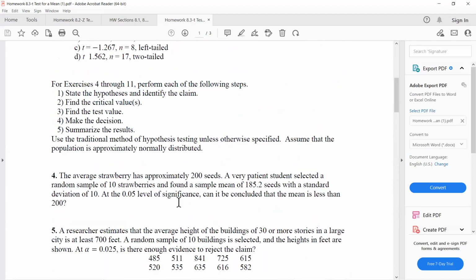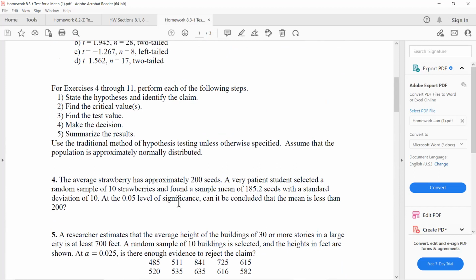All right. So T here is negative 1.267. N is 8, and it's left tail. Negative 1.267 and 8. So here we're going to have this. My p-value is going to equal the left tail.